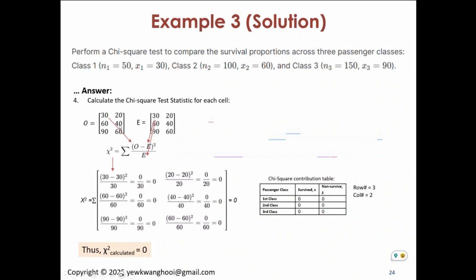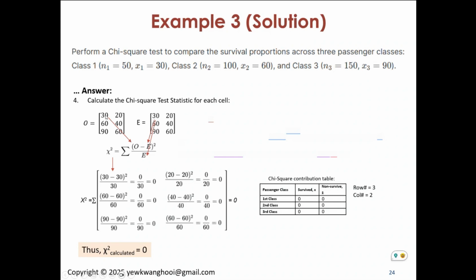So what we do is we take the matrix of the observed frequencies and expected frequencies. They are of the same size, and by using the chi-square formula, we do the operations for each cell inside the observed matrix and expected matrix.